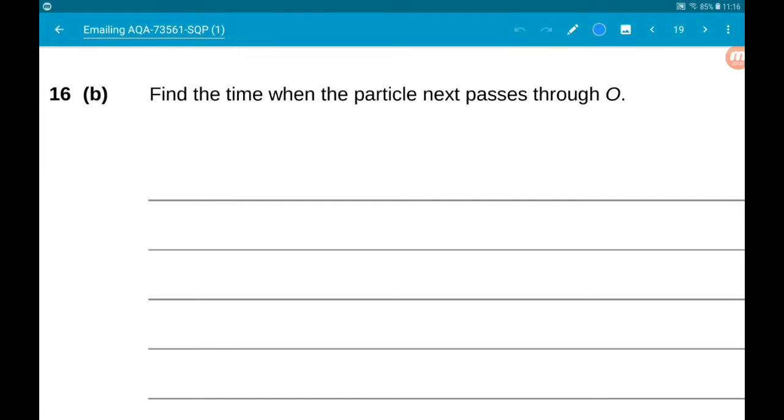Okay, then part B for 5 marks wants us to find the time when the particle next passes through O. So we need to revise a little bit here.